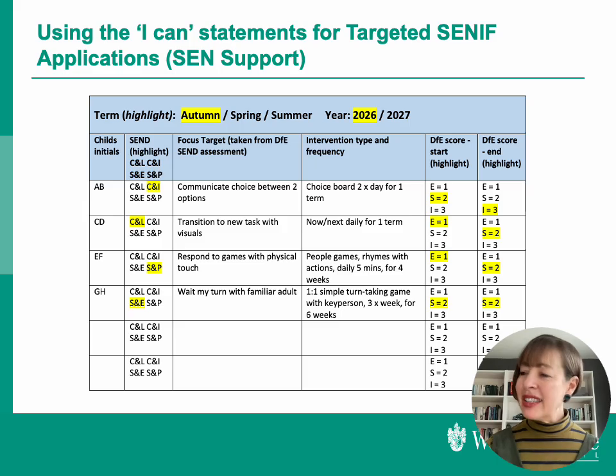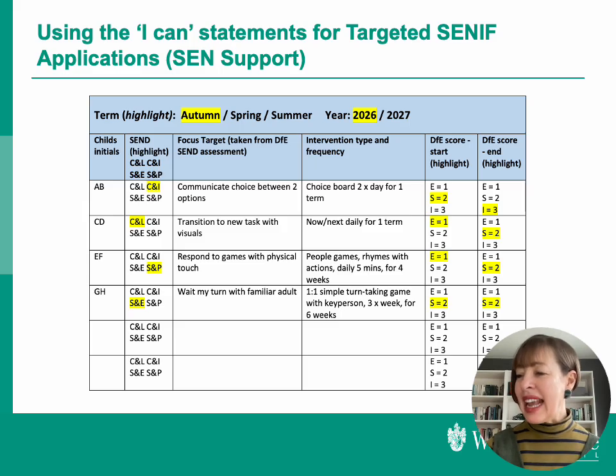The next child down is working on cognition and learning. And the I can statement is I can transition to a new task with visuals. The intervention that they're going to have is a now next intervention strategy daily for 1 term. Their start point is listed as emerging, so 1 point, and hypothetically they've moved by the end of the term to a supported level.